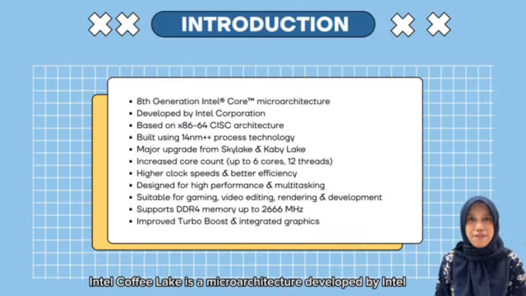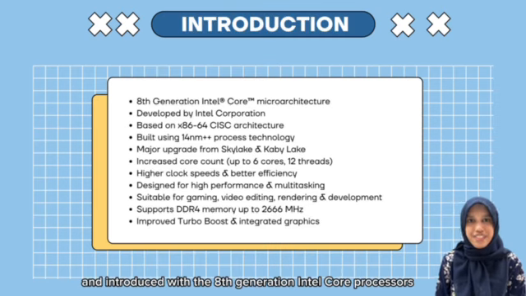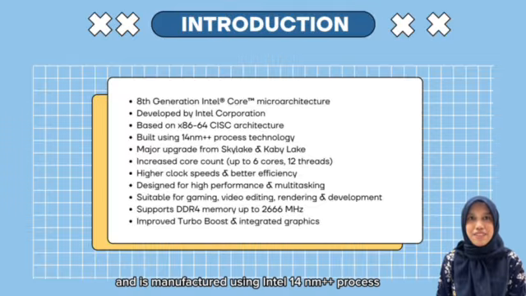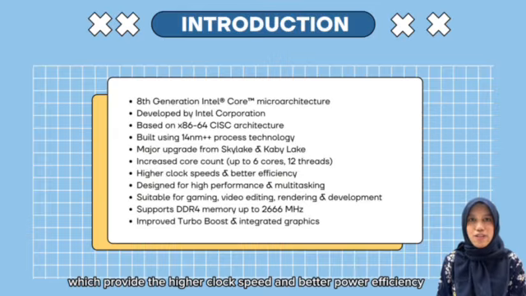Intel Coffee Lake is a microarchitecture developed by Intel and introduced with the 8th generation Intel Core processors. It is based on the x86-64 CISC architecture and is manufactured using Intel's 14nm++ process, which provides higher clock speed and better power efficiency.